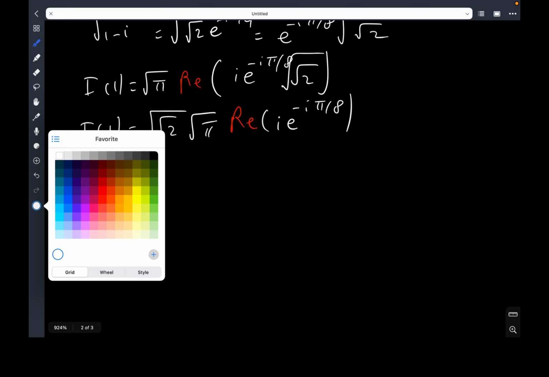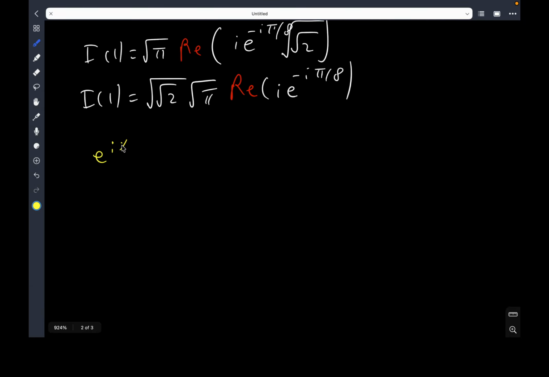Now recall the formula that I mentioned earlier. e to the ix is cosine of x plus i sine x.